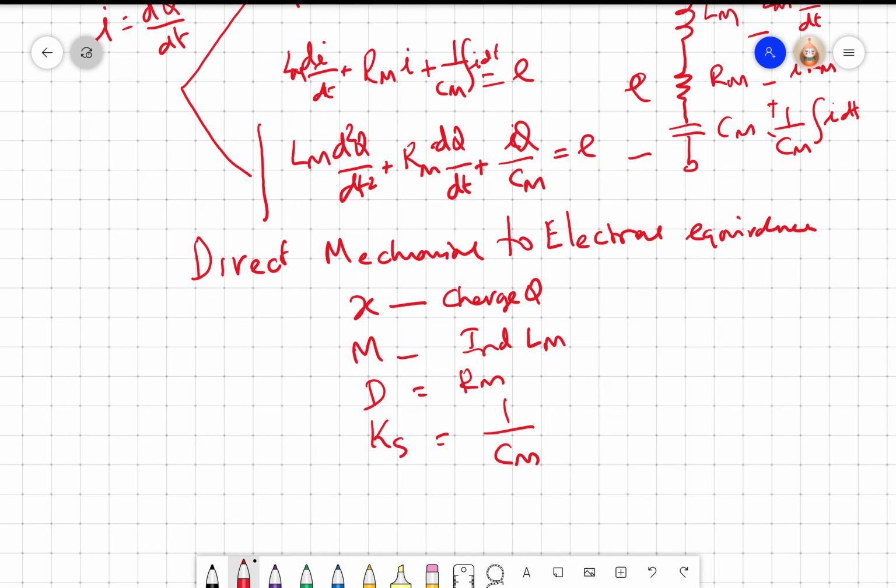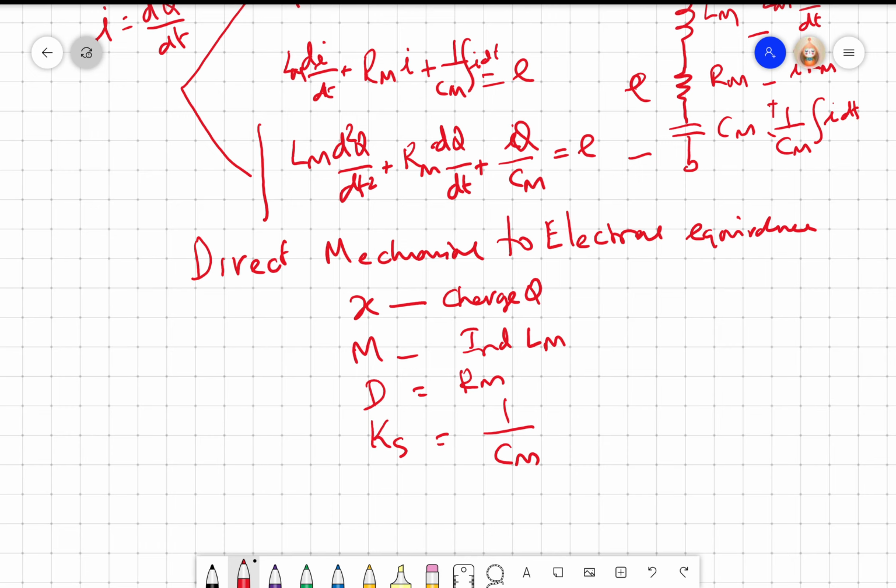So if I really want to analyze a transducer, I can now replace my mechanical part. With this we will do, when we really look at the frequency response characteristics and other characteristics of transducers that we are going to learn. And the advantage is that the moment I put this equivalent circuit, I immediately get everything on the electrical side.